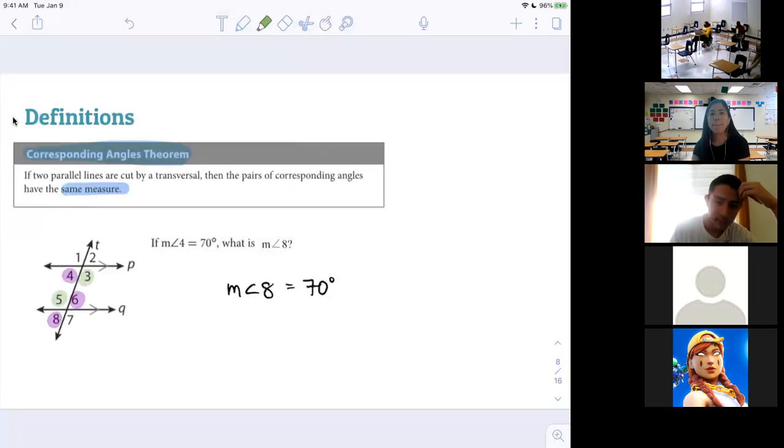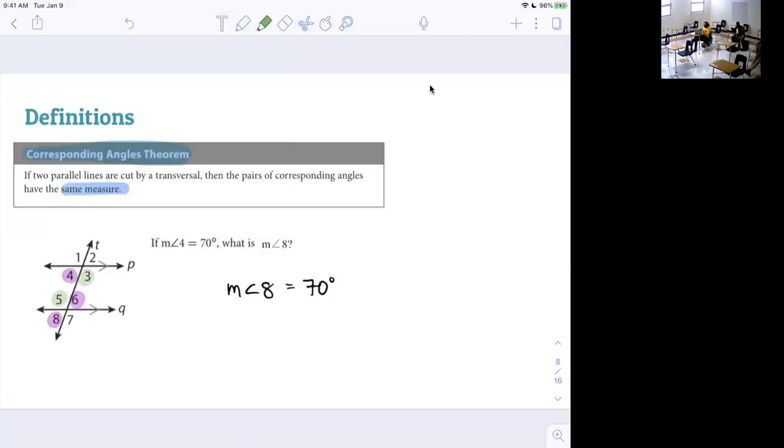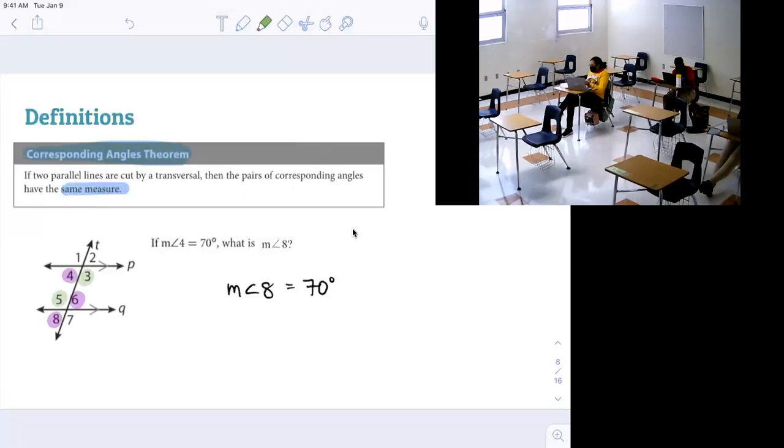I have a question. Go ahead. So in this case, would line T be equal to 180 degrees? Hold up, I couldn't hear because of the walkie-talkie. Say that again. Line T be equal to 180 degrees? Any line is equal to 180 degrees.